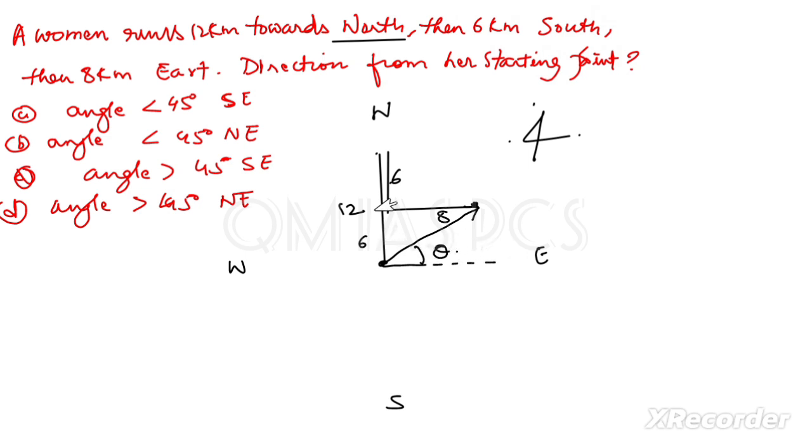Okay, so if you know a little bit of trigonometry, then you will get to know, if this is theta degree, so this will be the hypotenuse. Like this is 8, so this will also be 8. This is 6, so this will also be 6.